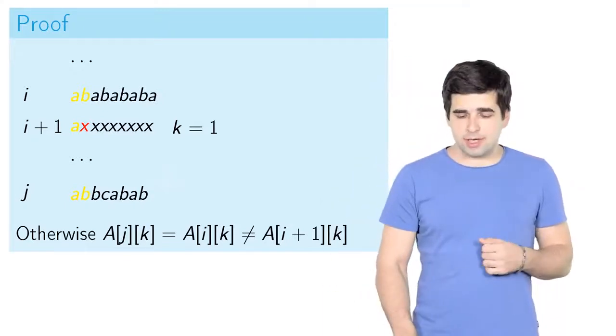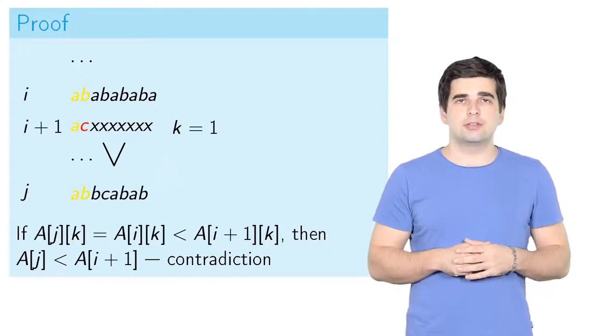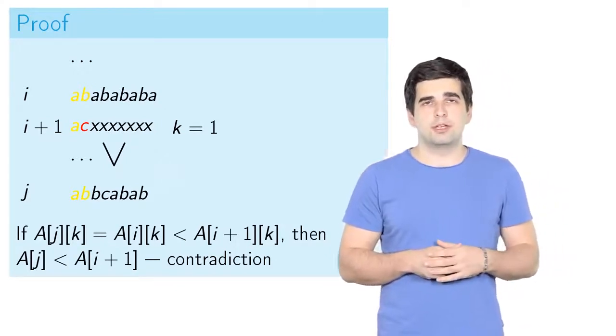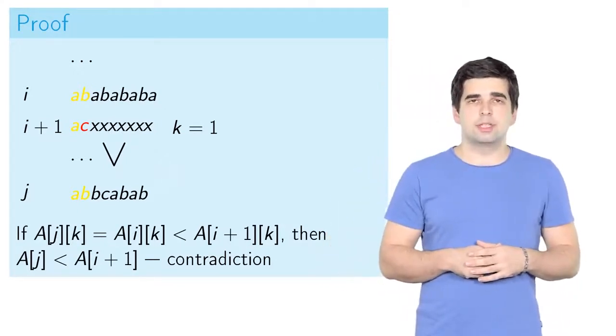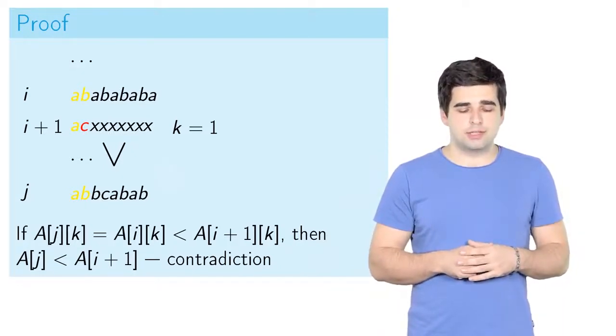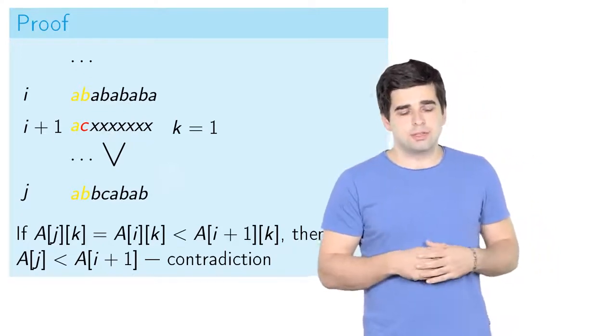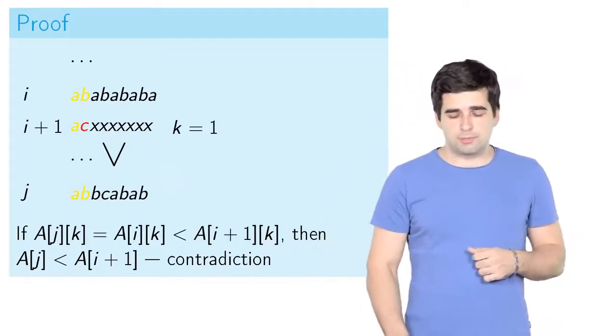And in this case, there are again two cases. The first case is that this character in suffix i+1 is bigger than the corresponding one in strings i and j. But from this, it immediately follows that suffix i+1 is bigger than suffix j, which contradicts the suffix array property, so it is impossible.